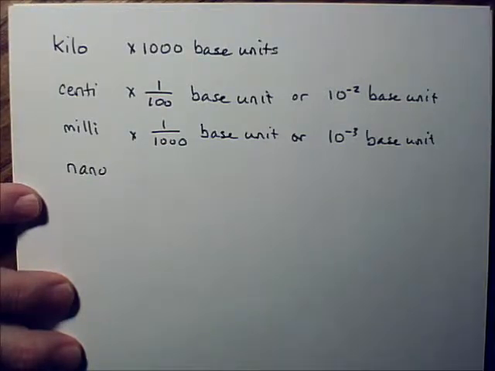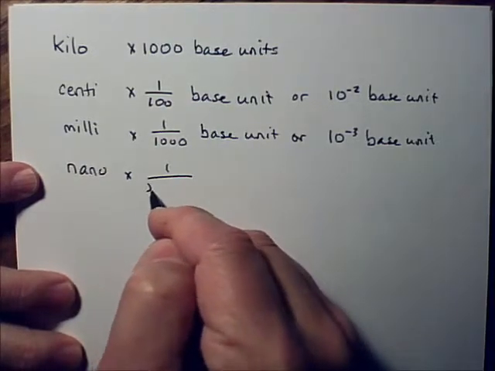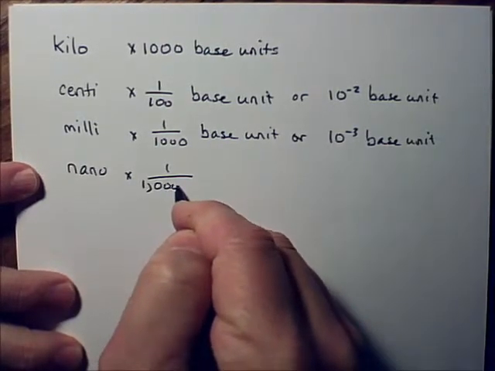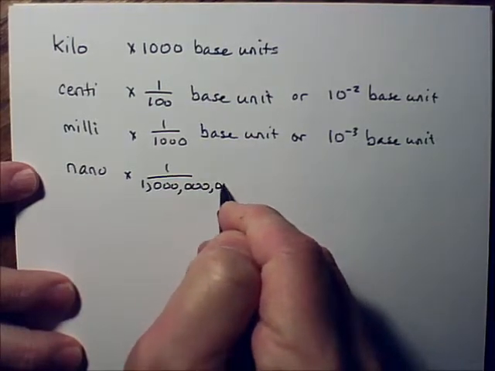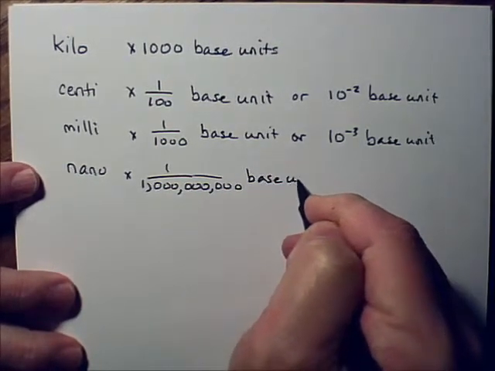And a nano, anybody know what that is? Not a millionth, it's a billionth. Okay? Times 1 over a billion times the base unit.